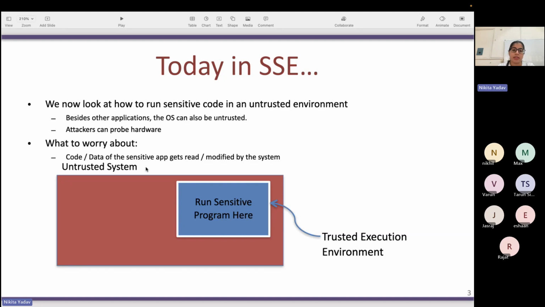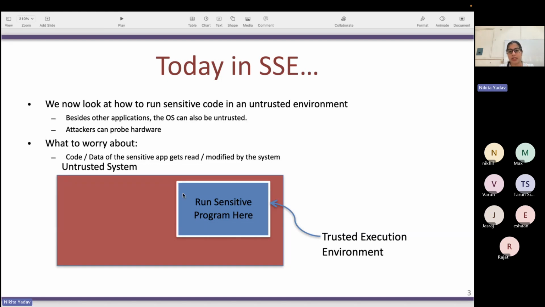This is possible with the help of trusted execution environments. A trusted execution environment provides a segregated area which is not accessible from any other part, including your operating system or other applications running here.